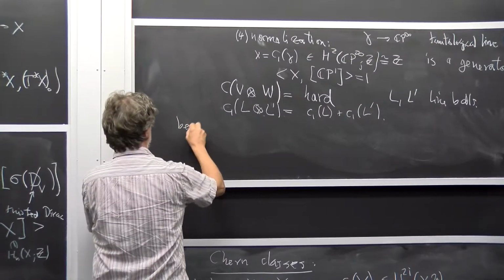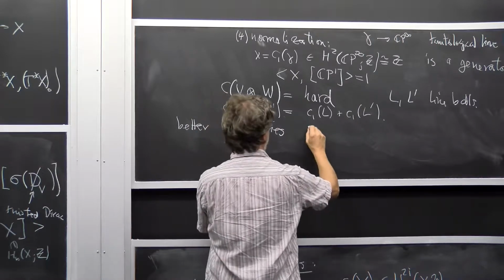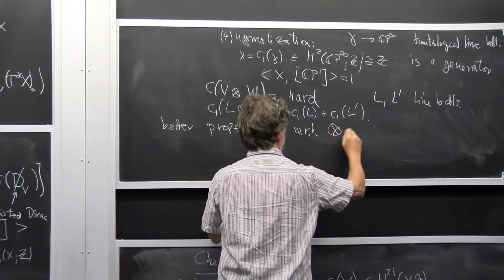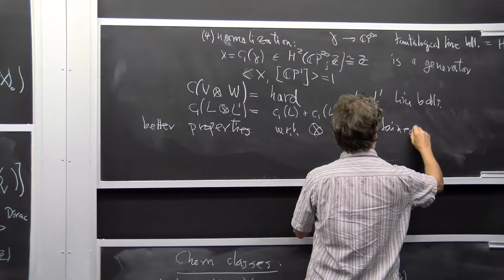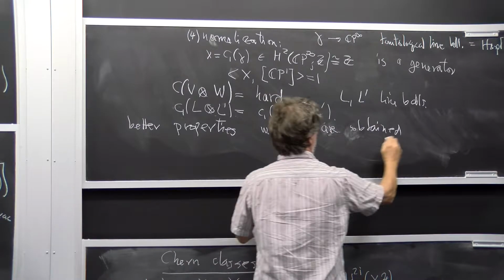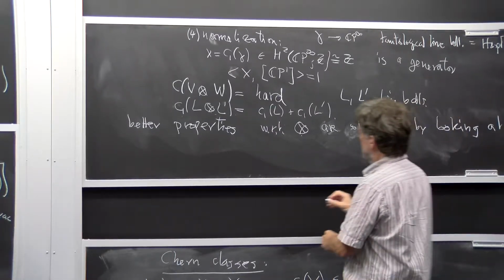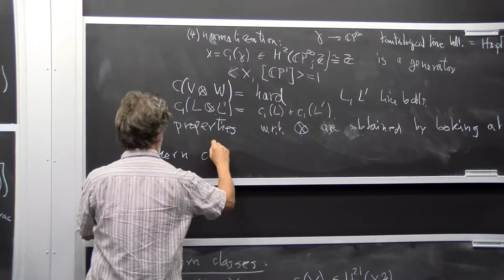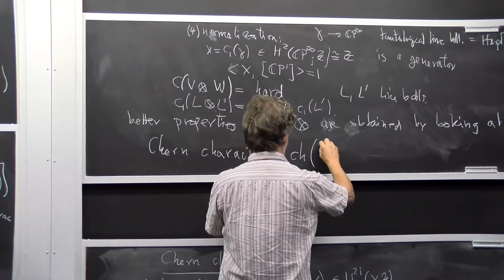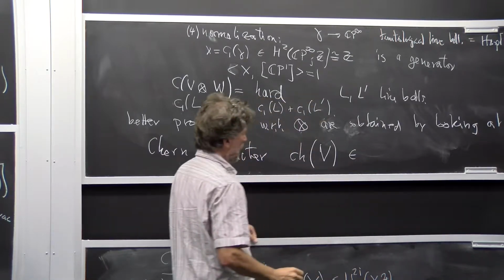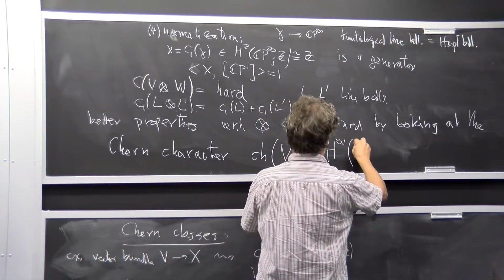So better properties with respect to tensor product are obtained by looking at the Chern character ch of a vector bundle V. So this is an element, again, in the even cohomology of the space the bundle lives over.